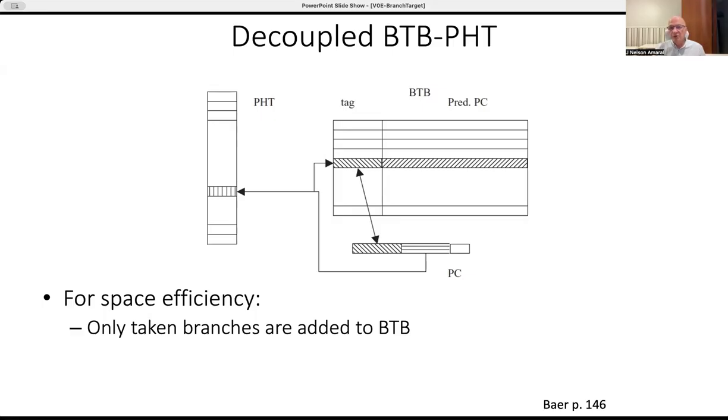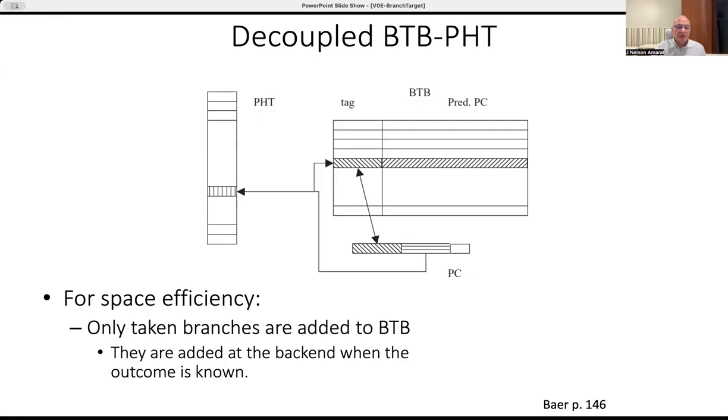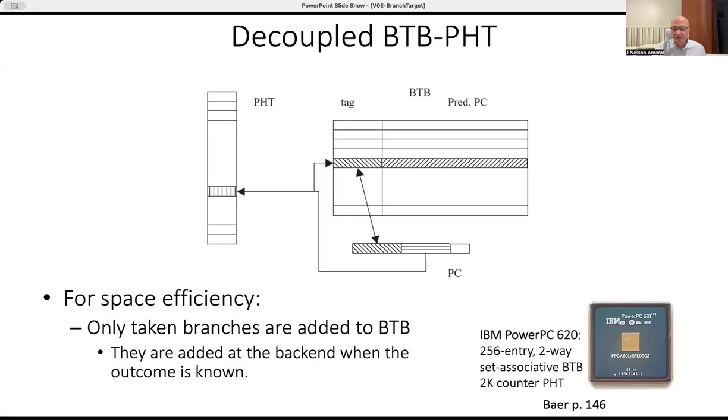I would be polluting the BTP with the target of that branch, which is never used. And the other thing is that the addresses of the taken branches are added to the BTP at the back end, when not only the outcome of the branch is known, but also we know that the branch will be executed and it's not speculative anymore.